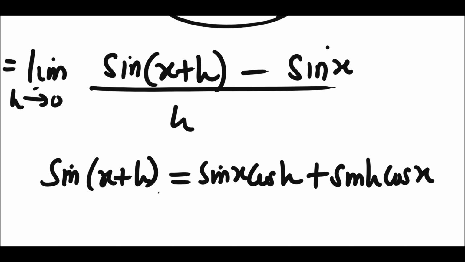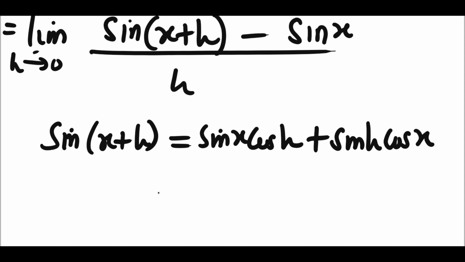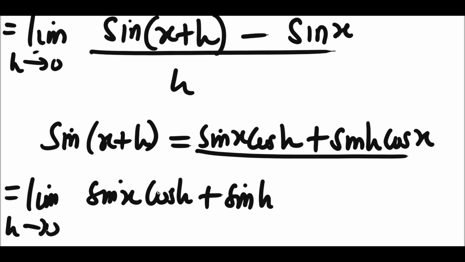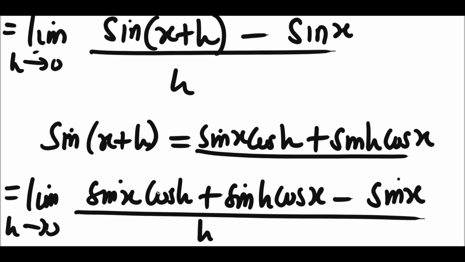So this is what we are going to use to replace our sine of x plus h. So we have the limit as h approaches 0 of sine x cos h plus sine h cos x minus sine x, then all divided by h.